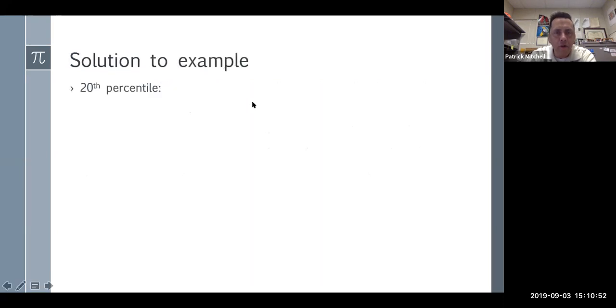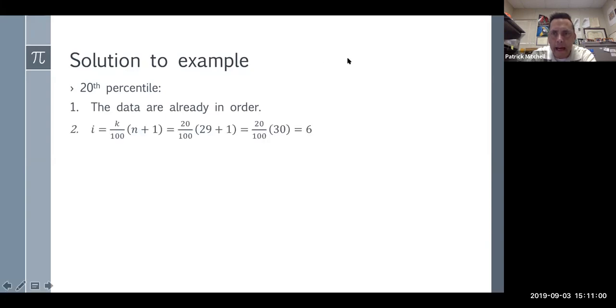All right, so for the 20th percentile, the first thing I'm going to do, if it hasn't been done already, is put the data in order. Then I'm going to calculate my index. So let me walk you through this calculation. k over 100 times n plus 1. k is 20. We're trying to find the 20th percentile.